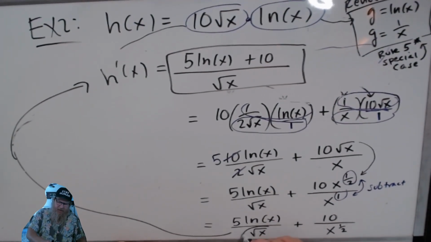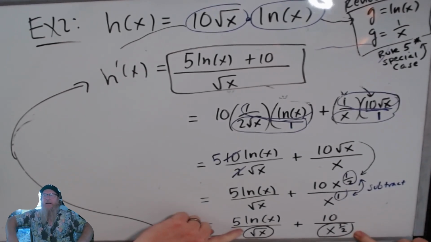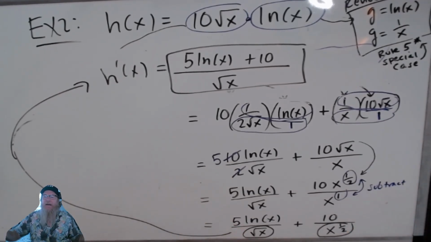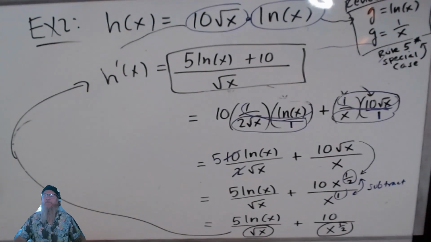See how the denominators are both the same? They might not look the same, but those are the same. This is the square root of x on the left, and this is also the square root of x on the right. So you just write it one time. There you go. That's your final answer.